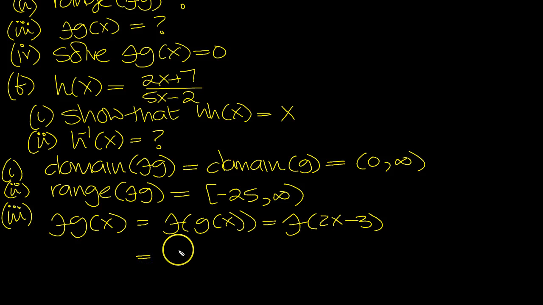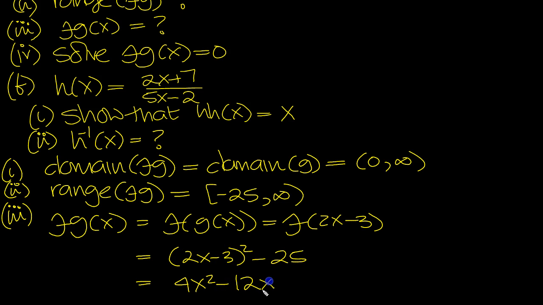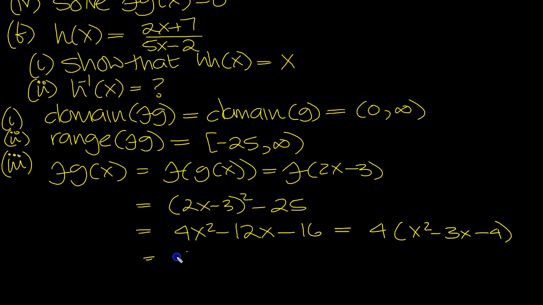So that's equal to something squared minus 25, which is 4x squared minus 12x plus 9 minus 25, which is minus 16, which equals 4x squared minus 12x minus 16. That's 4 lots of x squared minus 3x minus 4, and that factorises as x minus 4 times x plus 1, because minus 4 plus 1 is minus 3, and plus times minus is minus, 4 ones are 4. So there's f of g of x then.